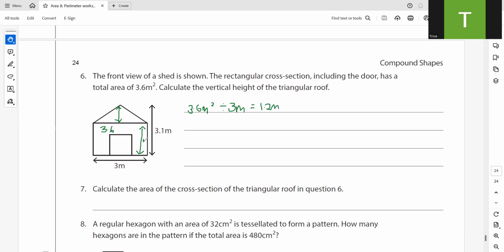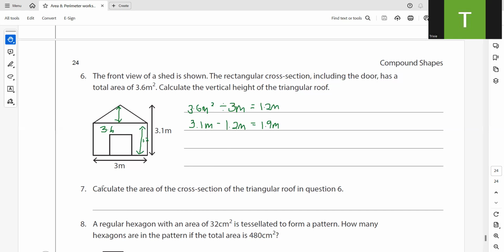So that means the height of the rectangular cross section is 1.2 meters. Then take the total height of the compound shape, which is 3.1 meters, minus the height of the rectangular cross section, 1.2 meters, then you'll get 1.9 meters. So the vertical height of the triangular roof is 1.9 meters.